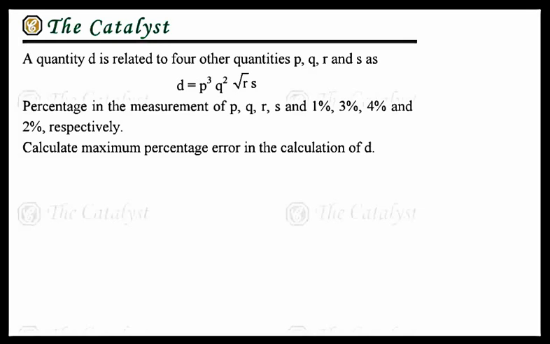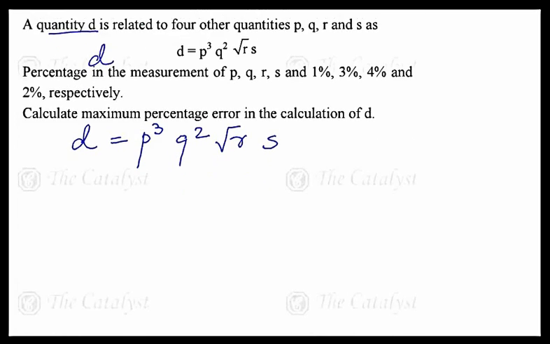Now in this problem you are given a quantity D. You are given a quantity D which is equal to P cubed Q squared under root of R into S. Right? Now the percentage error in the measurement of P, Q, R and S is given as this. It means that delta P upon P into 100 is 1%.